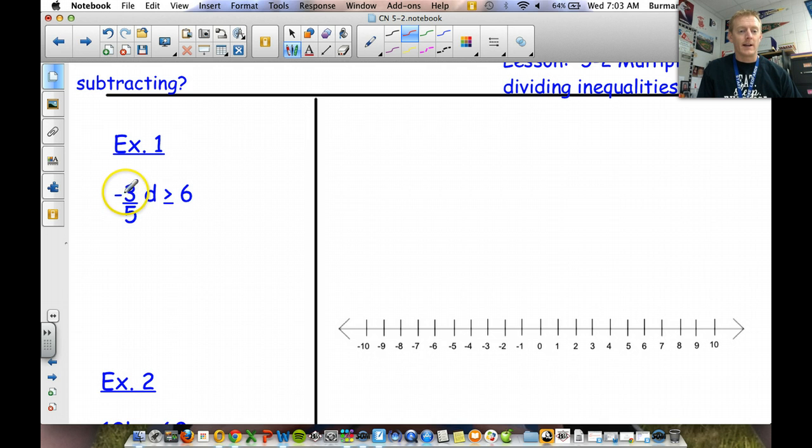It says -3/5 times d is greater than or equal to -6. To get d by itself, we have to undo the fact that we are multiplying by 3/5. So we can divide by 3/5, but that means we have to actually multiply by the reciprocal. When we multiply both sides by the reciprocal, those cancel, diagonally they reduce, leaving just a d on this side.